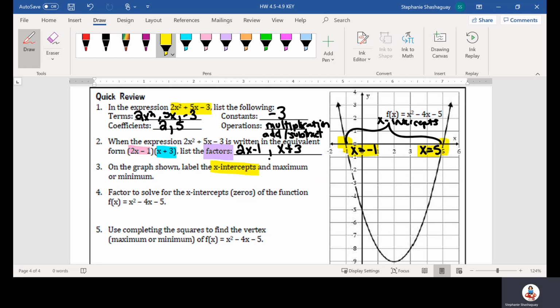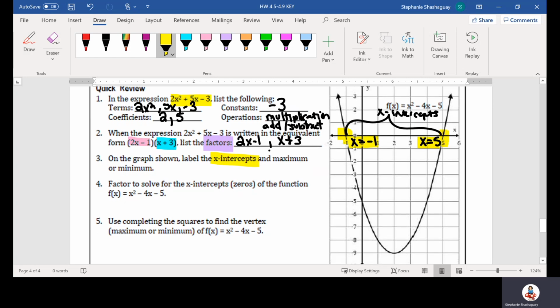And label the maximum or minimum. Well, this quadratic function is opening up, and if my function is opening up, I'm going to have a minimum value, and that minimum value is right here, at the point 2, negative 9.